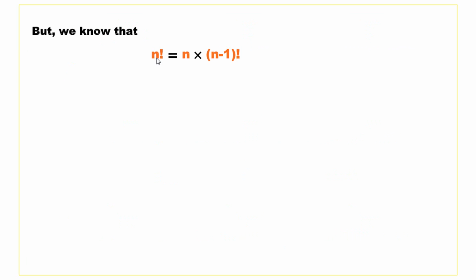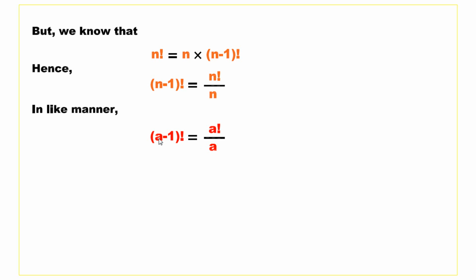But we know that n factorial is equal to n times n minus 1 factorial, which allows us to write n minus 1 factorial is equal to n factorial divided by n. We can do that also for A minus 1 factorial, B minus 1 factorial, and C minus 1 factorial.